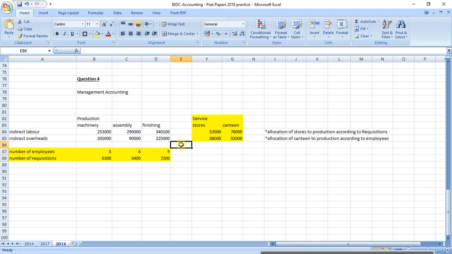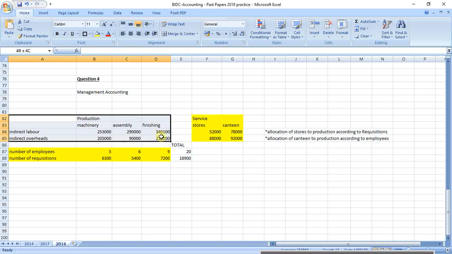I need a total because I can't allocate if I don't know what the total is. 5 plus 6 plus 9 gives me 20, and the requisitions give me 18,900. I need the totals for the employees and the requisitions because that's going to form part of the fraction. I'm taking a fraction of employees and requisitions and allocating the service costs. That would be step 1.